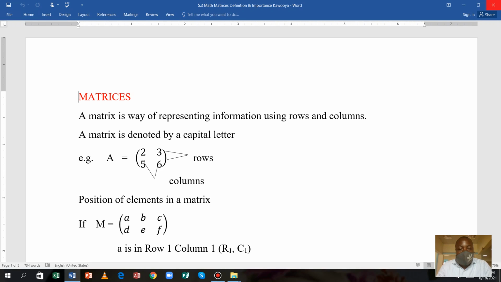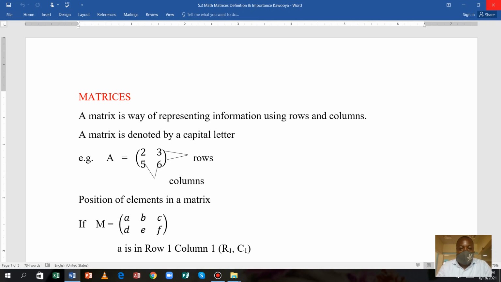A matrix is denoted by a capital letter if it is to be represented. E.g., we have a matrix A capital equaling 2, 3, 5, 6. We are having lines which are running from west to east.